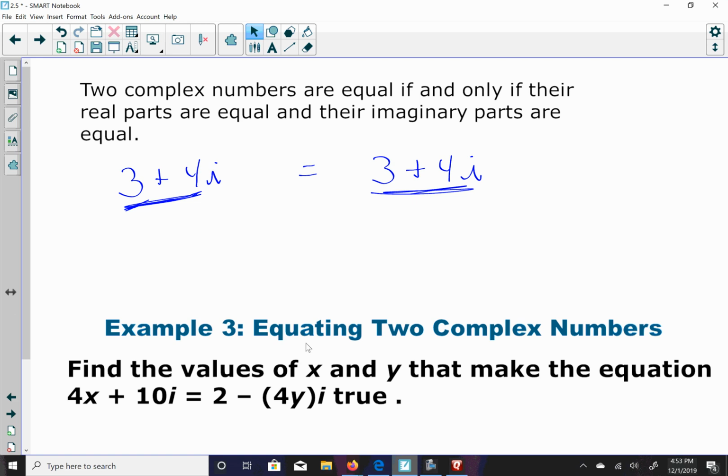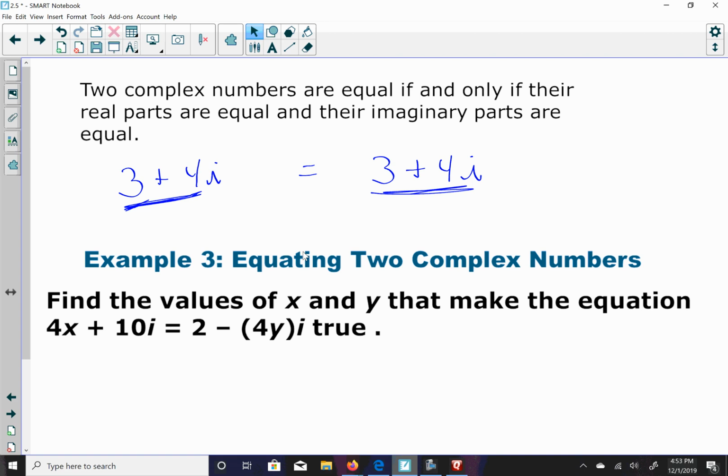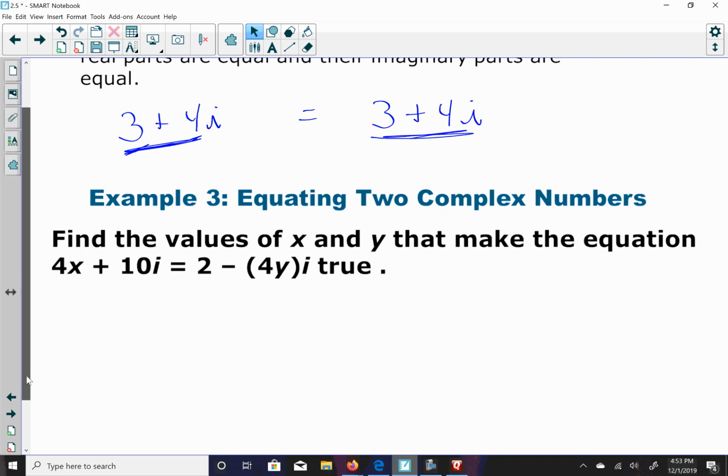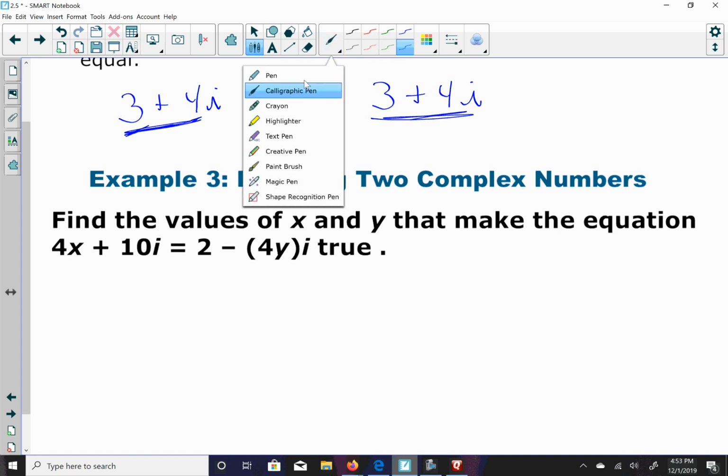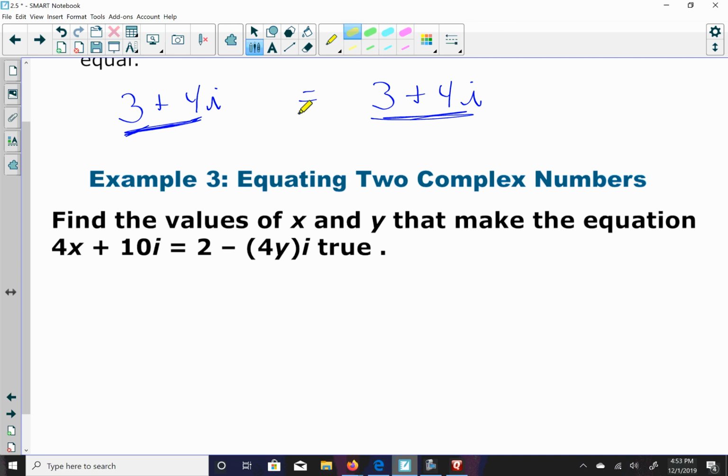Now let's make it where I have to solve for a variable in order to set two complex numbers equal to each other. So in this case, I have 4x plus 10i is equal to 2 minus 4yi, and I want it to be true. In other words, I want these two complex numbers to be equal to each other. So if I'm looking at my real part, that's going to be this 4x. The real part on the right side is this 2.